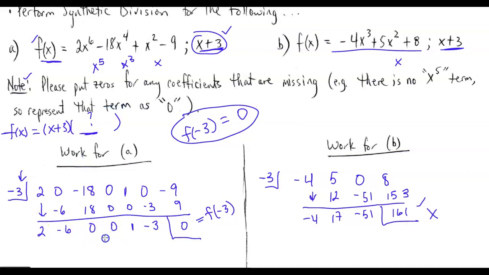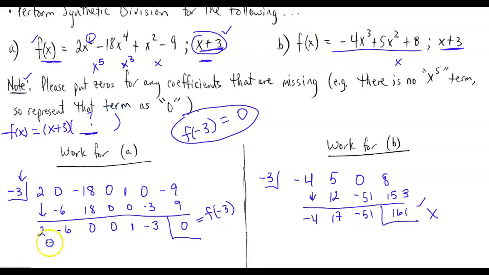If we look at our synthetic division, we took a polynomial of degree 6 and divided it by a polynomial of degree 1, which is the linear expression here. So 6 minus 1 gives us 5.